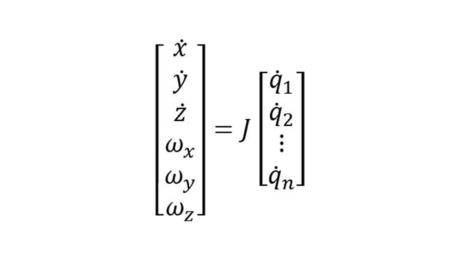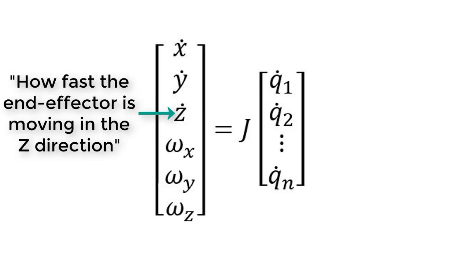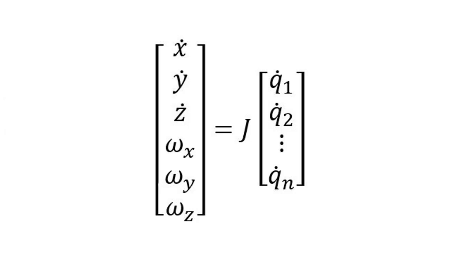Here, the x, y, and z directions are measured in the base frame. So in our SCARA setup, x dot means how fast the end effector is moving off to the right. Similarly, y dot and z dot say how fast the end effector is moving in the y and z directions of the base frame.